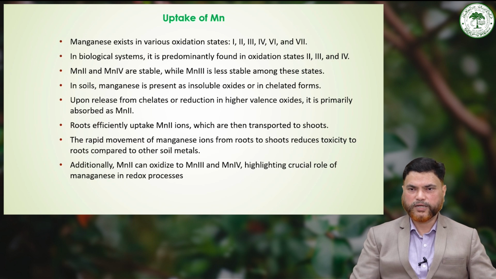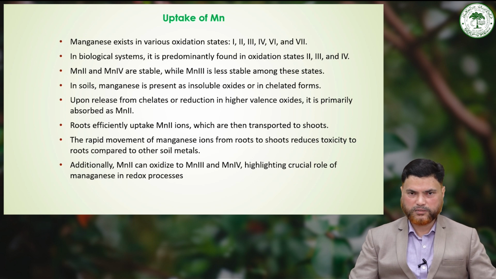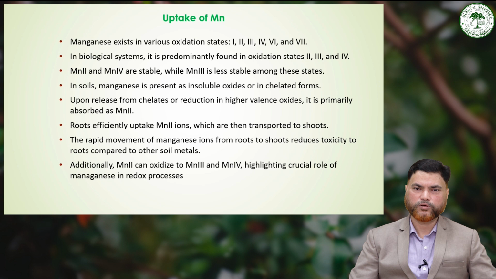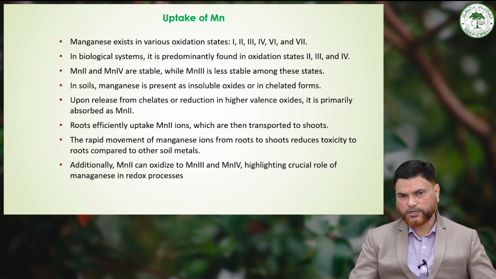Basically, manganese can be found in various oxidation states, that is, first, second, third, fourth, six and seven. However, in biological systems, generally the oxidation states of 2, 3, and 4 are very common, and among these, manganese 2 and manganese 4 are quite stable, while manganese 3 is less stable.